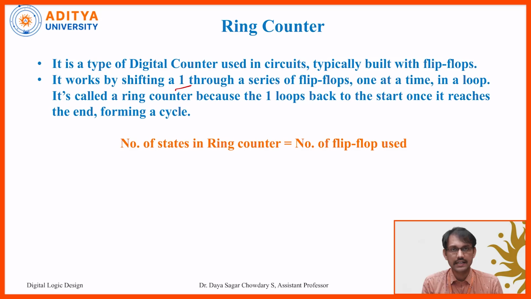We will discuss each one in each slide. The number of states in the ring counter depends completely on how many flip-flops we use. If we increase the flip-flop count, the number of states is also increased in the ring counter.